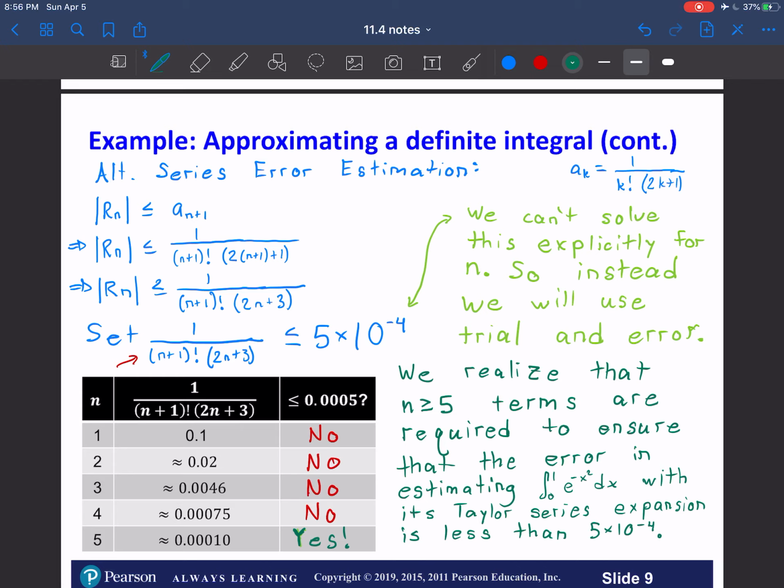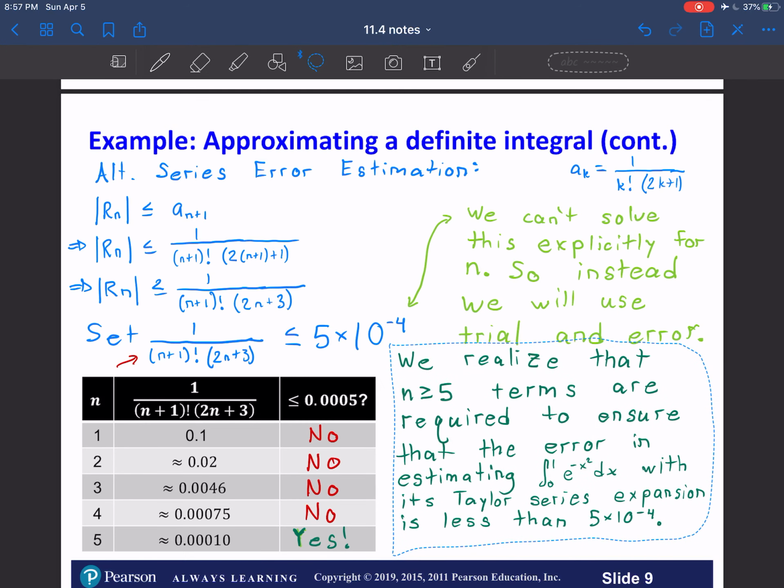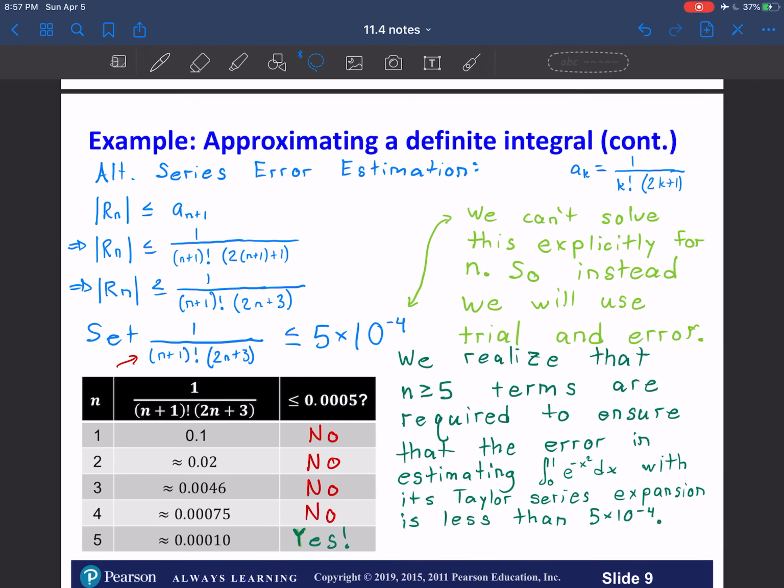All right, and the actual answer that we come up with whenever we use 5 terms of the Taylor series expansion is that this integral of e to the negative x squared dx is approximately equal to 0.747.